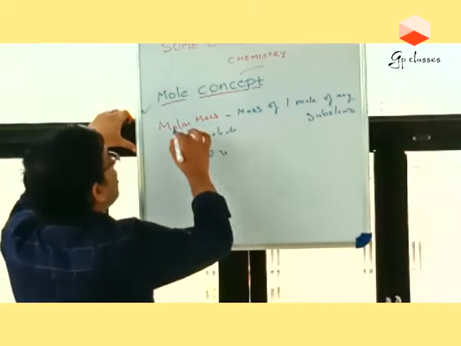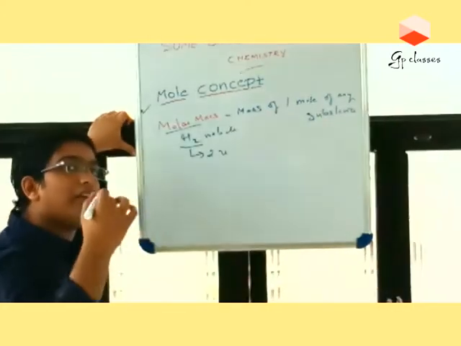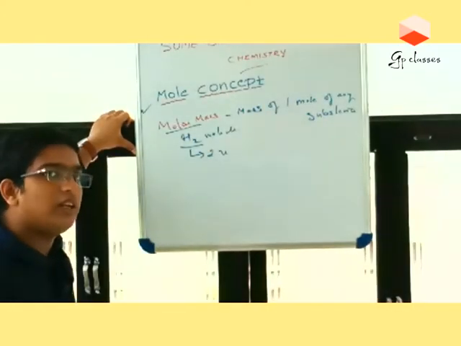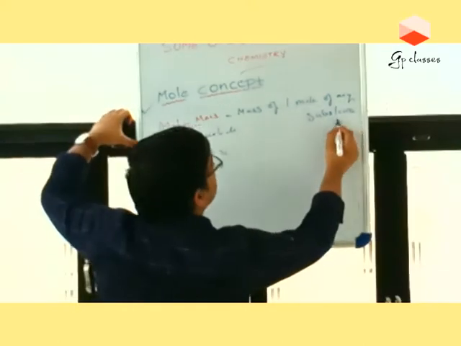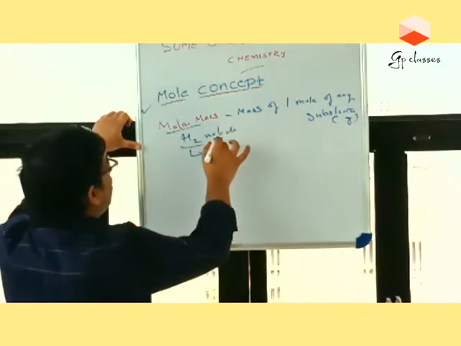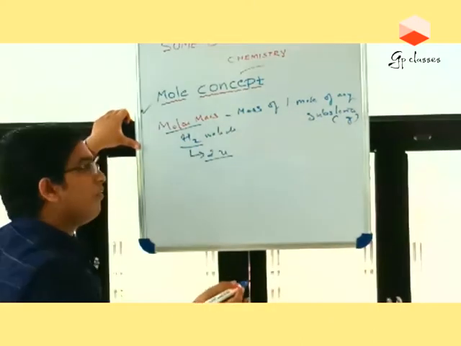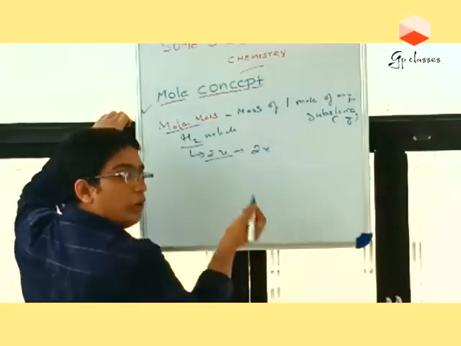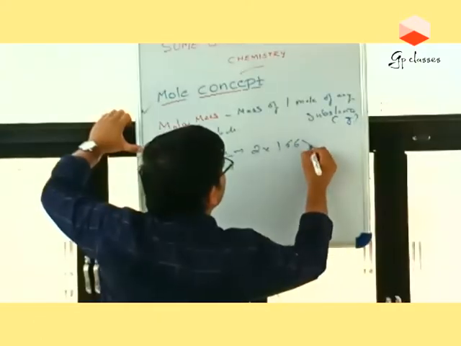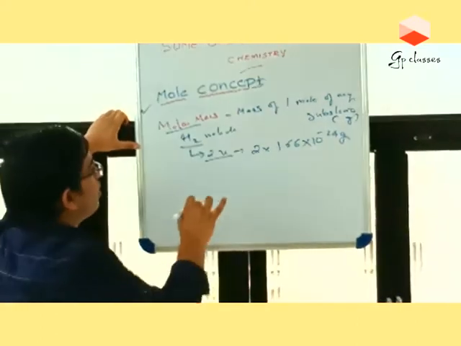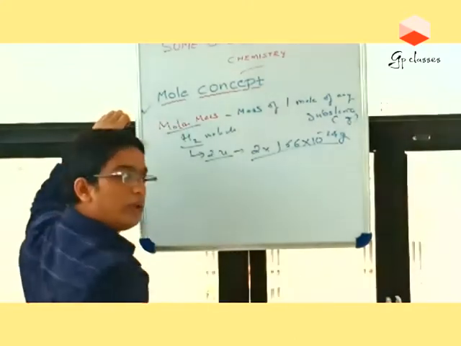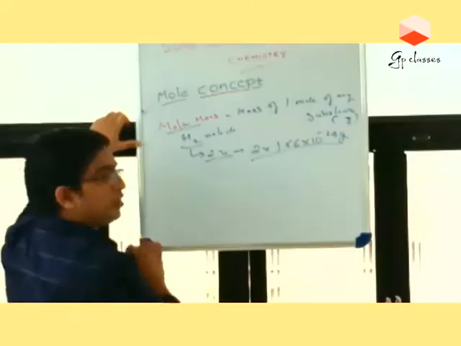You know that molar mass is the mass of Avogadro number of particles, actually in grams. We are taking molar mass in grams. So the hydrogen molecule has mass 2 u, which can be converted into grams. How? 2 into 1 u, where 1 u is equal to 1.66 into 10 raised to minus 24 grams. This is the mass of a single hydrogen molecule.